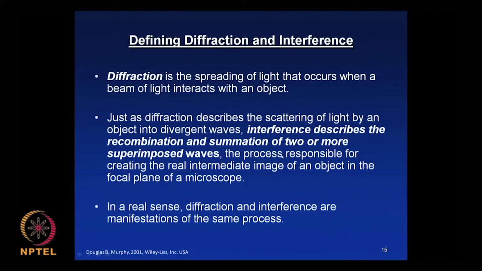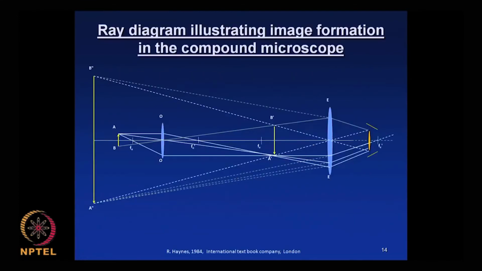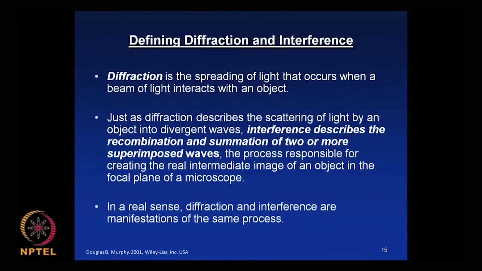The diffraction and interference process is responsible for creating a real intermediate image of an object in the focal plane of the microscope. Let us go back. This is the image we are seeing. This is an intermediate image which we described here, and for that we say that the interference is important. So, in a real sense, diffraction and interference are manifestations of the same process.